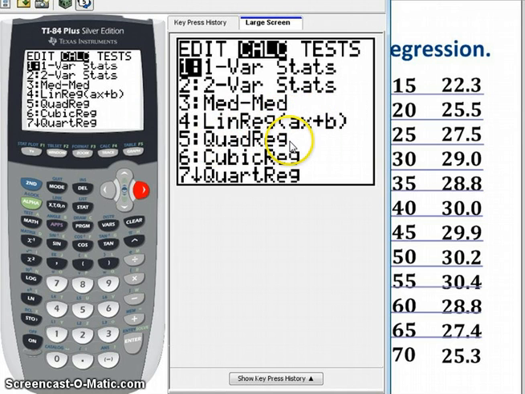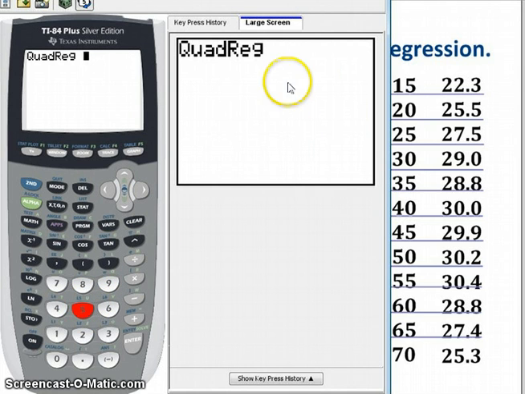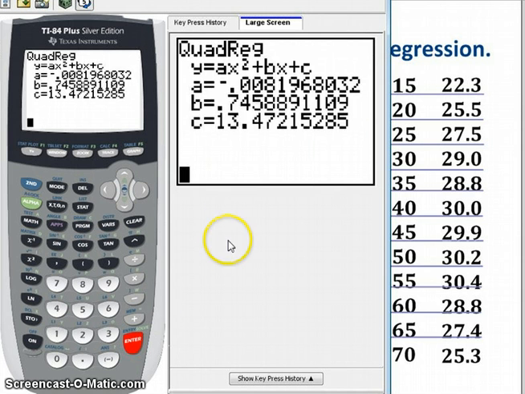Now we're doing a quadratic regression, so we're going to want to hit 5. Now, if you have the newer software, your screen probably says more information than mine does here. But one way or another, and in my case I would just hit enter, we want the calculator to tell us what that quadratic regression is that best fits this curving set of data.